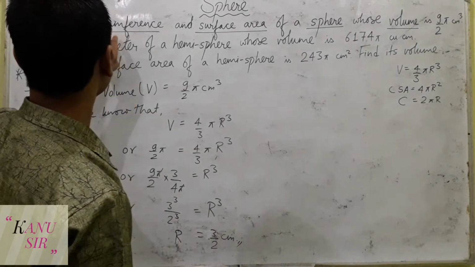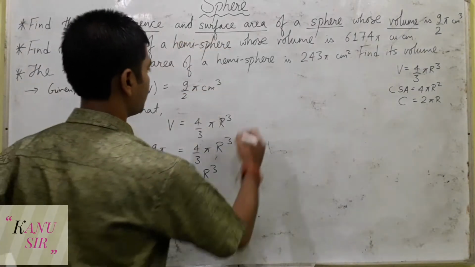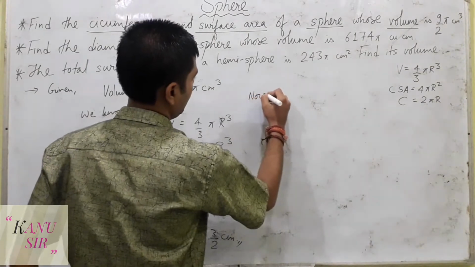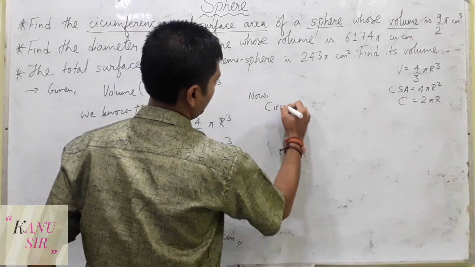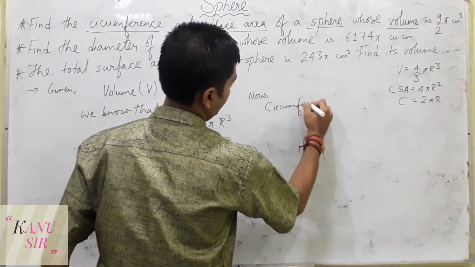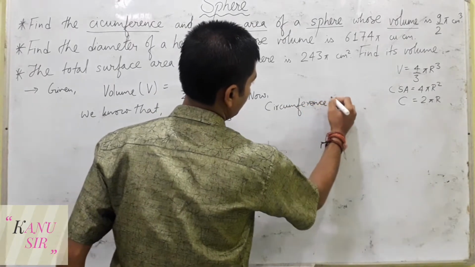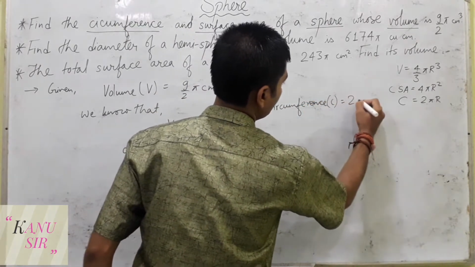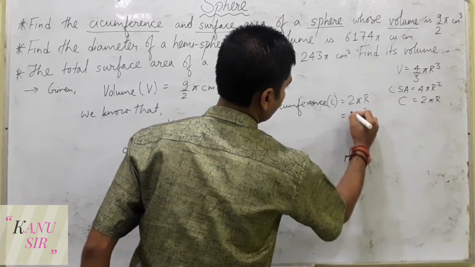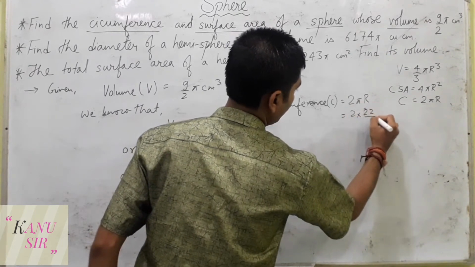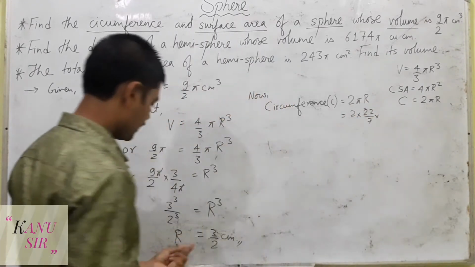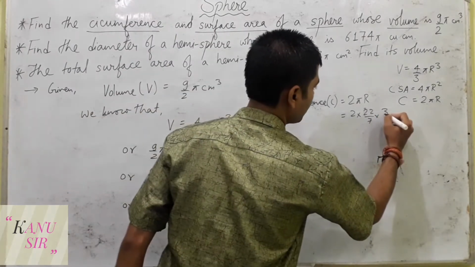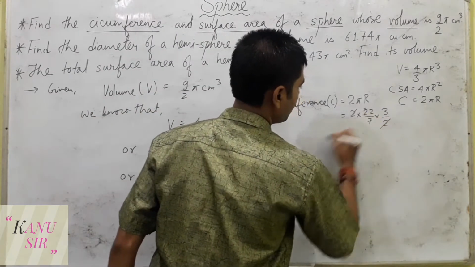Now the main terms are circumference and surface area. Circumference C is equal to 2 pi r, that is 2 into 22/7. The radius is 3/2. 2 and 2 will be cancelled.